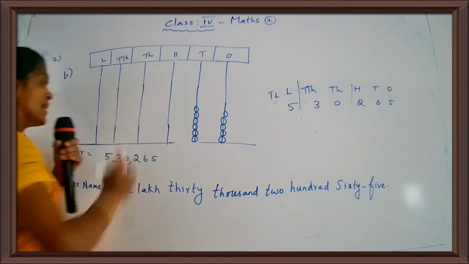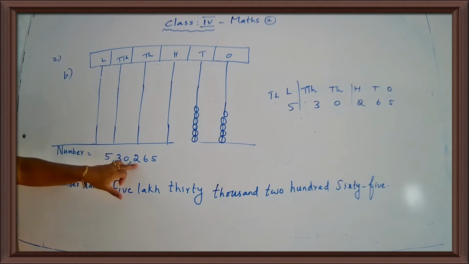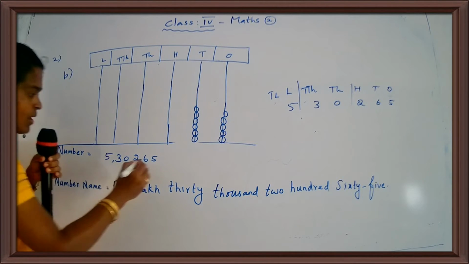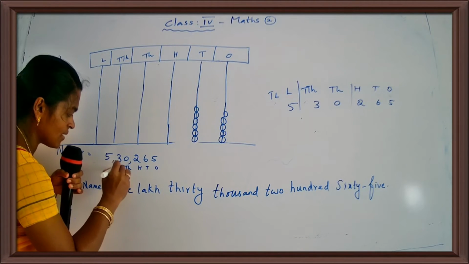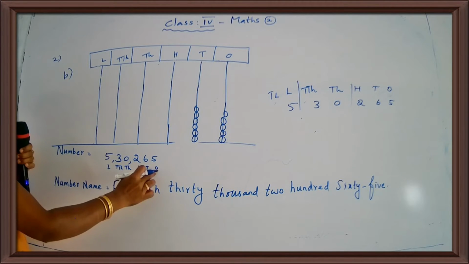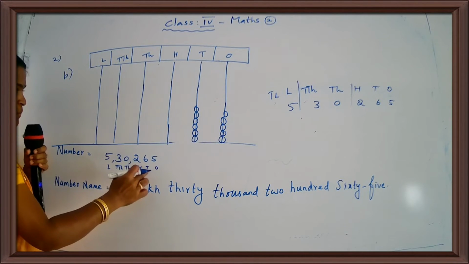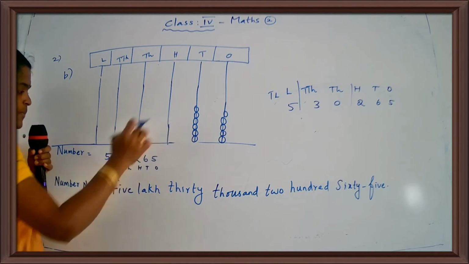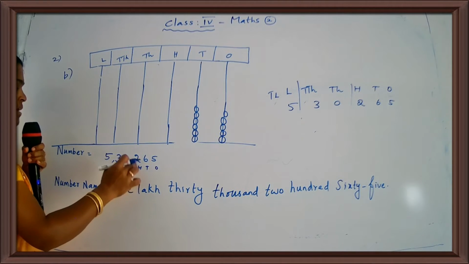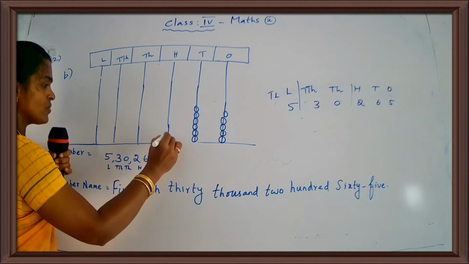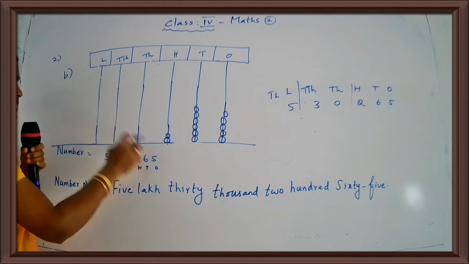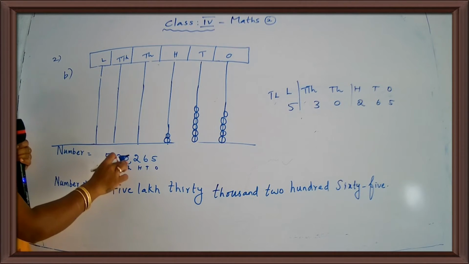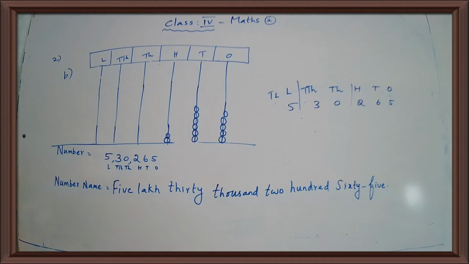Now this is hundreds, yes or no? Otherwise you write ones, tens, 100, 1,000, 10,000, lakh. Ones place 5 beads, tens place 6 beads, hundreds place 2 beads. So 1, 2. Next, thousands place 0. 0 means nothing, no beads. So don't draw the beads.